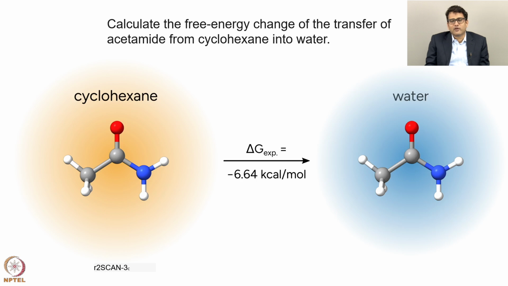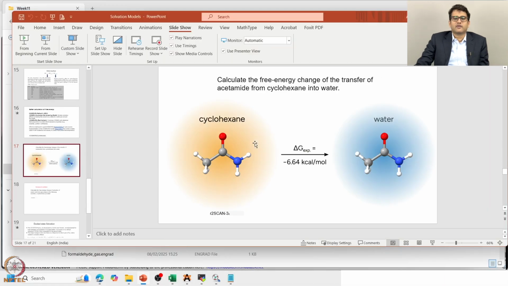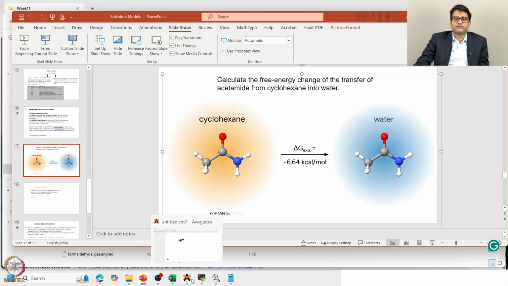But in this case, we will optimize the structure in gas phase and then do the COSMO-RS calculation in the two different solvents as a single point calculation, and then calculate the energy difference. So, let us first start with drawing the structure.